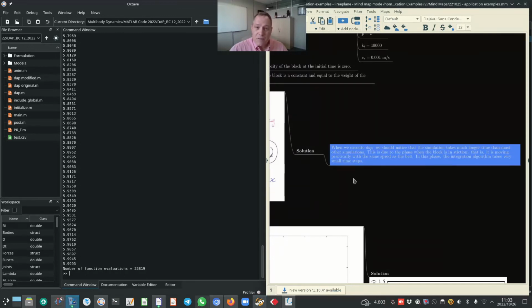Having said that, why would we select a smaller reporting time step, and when will we select a larger reporting time step? The reason for smaller reporting time steps is so that we can plot smooth graphs.